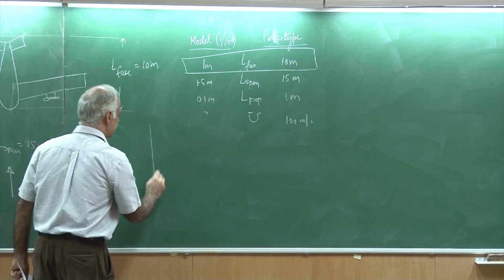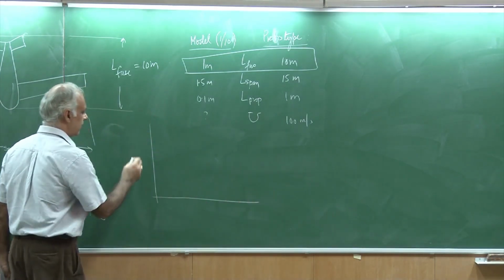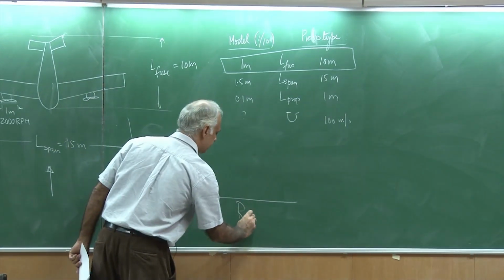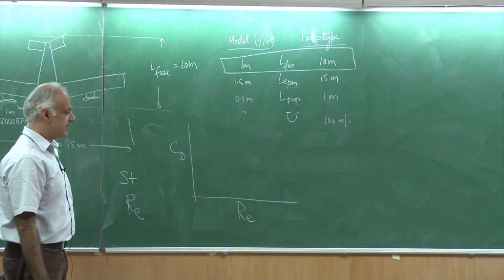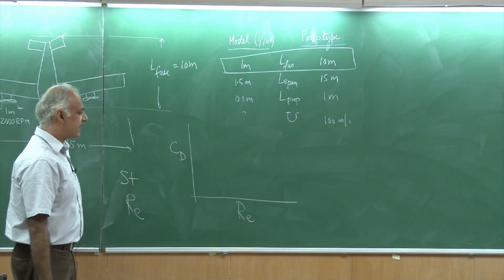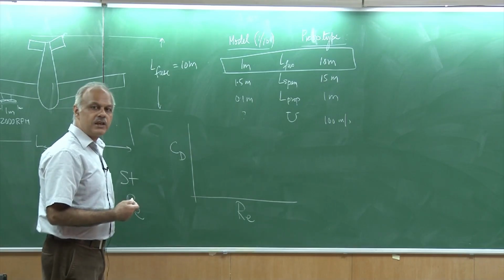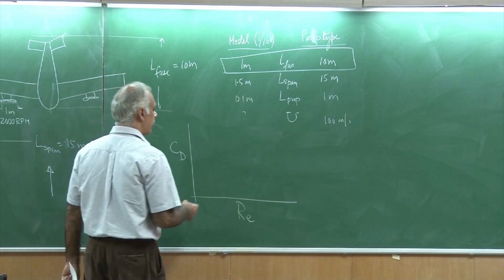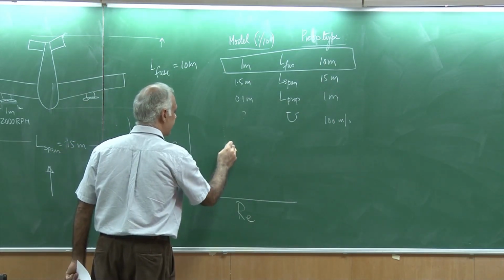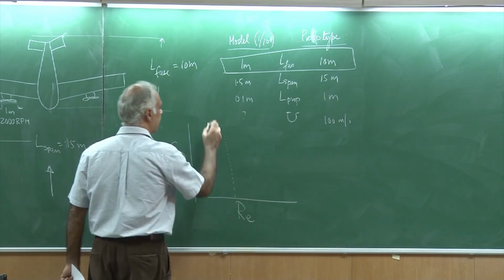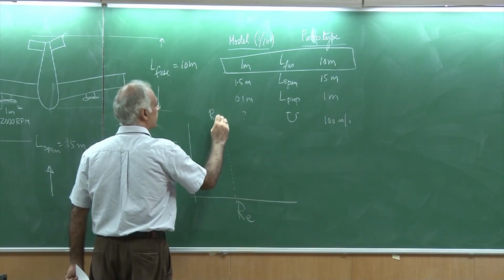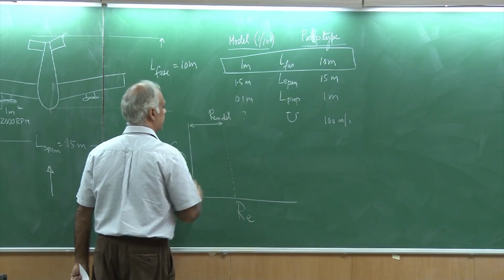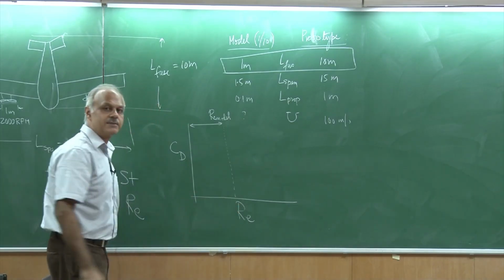So, what we can do is we can try to see what happens to the drag coefficient with Reynolds number. As I said, we may be able to only go up to 80 meter per second in the tunnel that we have. So, for the model that we have, the 1/10 scale model, this is the limit of RE for the model. I can only operate in this regime, and this is because of the maximum speed that I have.